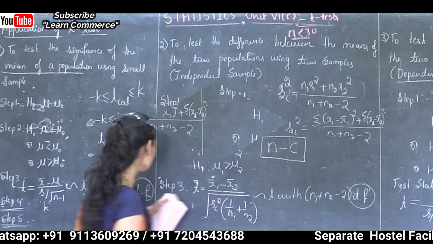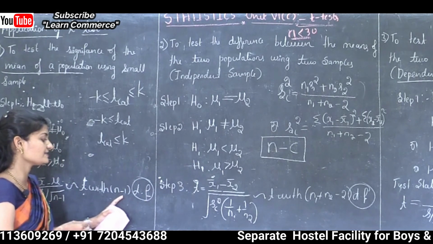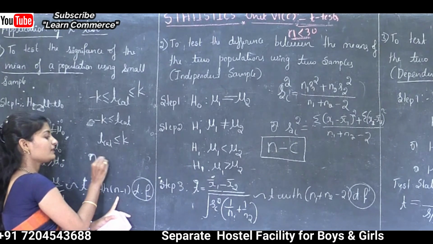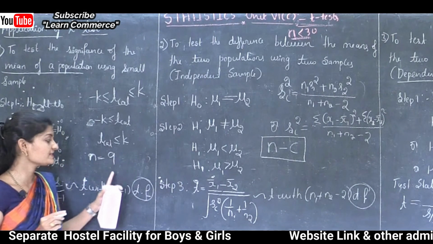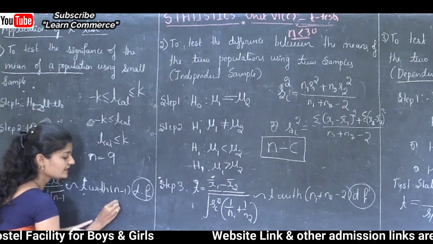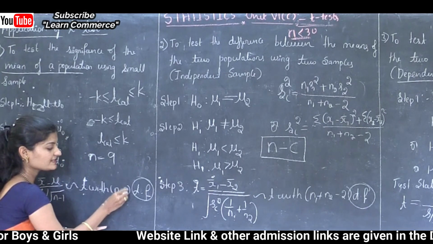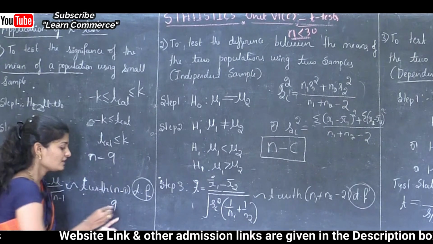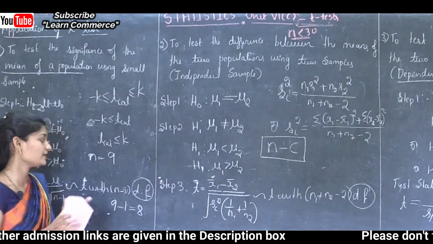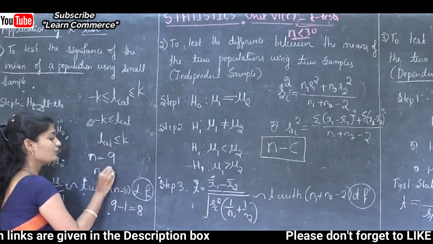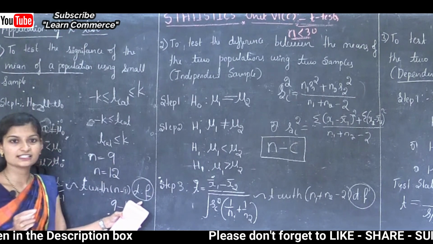For example, if n is 9, then what is n minus c? If n is 9 and 1 constraint is given, then 9 minus 1 is 8. Here 8 is the degrees of freedom. For example, if n is equal to 12, what is the degrees of freedom?